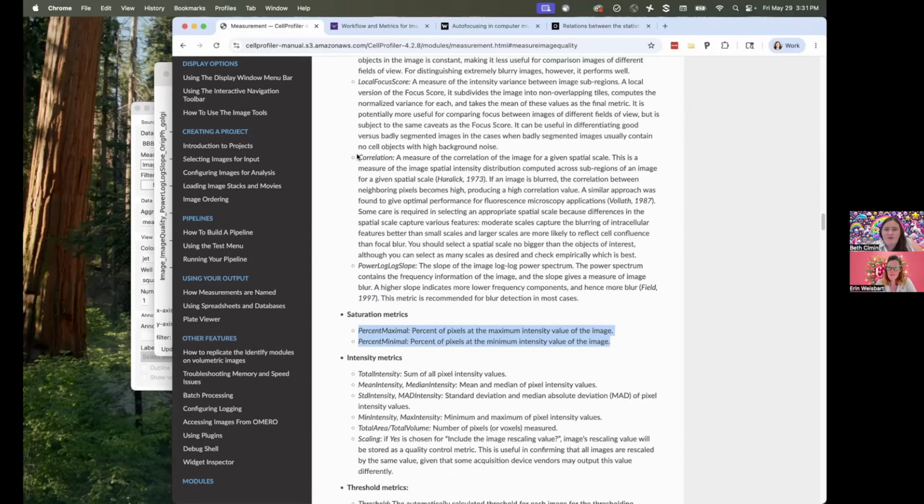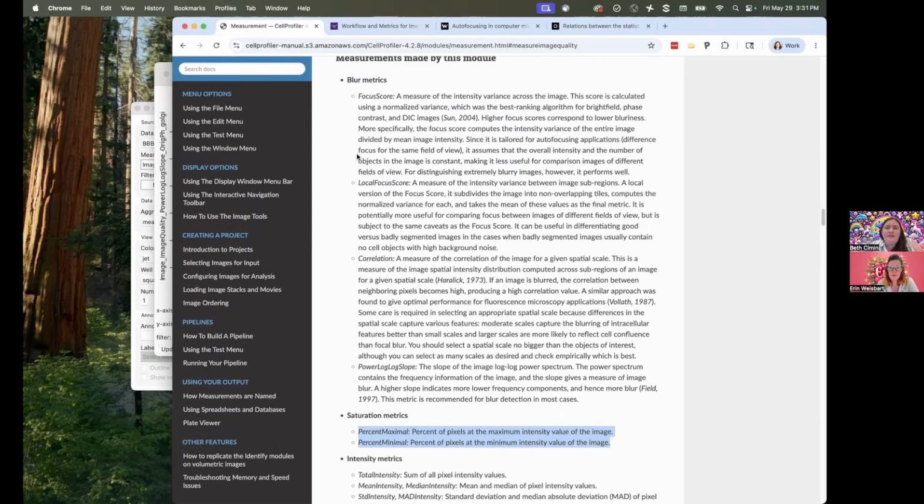Great point. And the last set of metrics are the blur metrics. Blur can be kind of difficult to define, so there are a few different mathematical approaches here. One of them asks what is the correlation within particular areas.